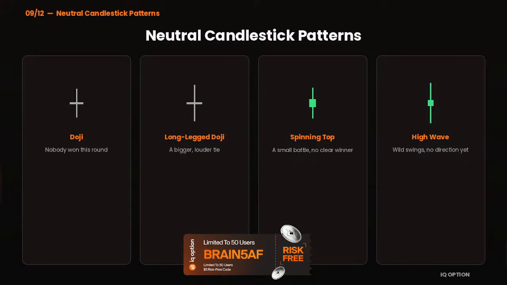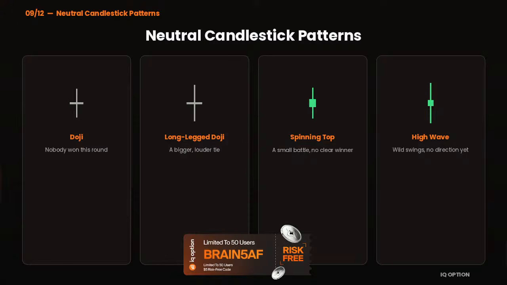It often shows up during moments of big news or high volatility in the market. So that is the high wave for you. And all these first four candle patterns are neutral patterns. They are not telling you anything at all.